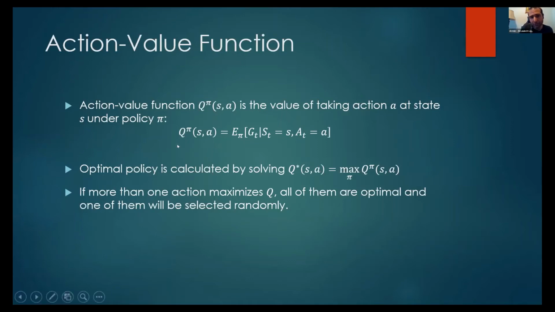The definition is almost similar, except that we have this dependency on action. Similarly, the optimal policy will be defined this way, the policy for which this function is maximum. If more than one action can maximize this Q, all of those actions are optimal, and we can select one of them randomly.